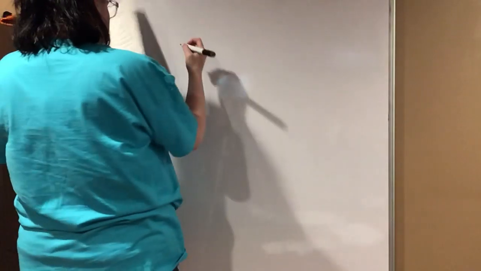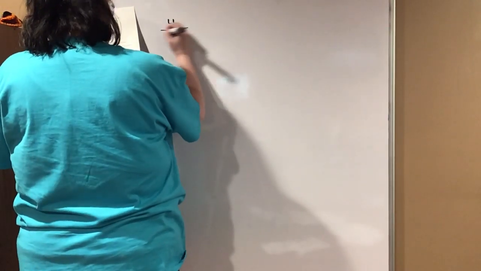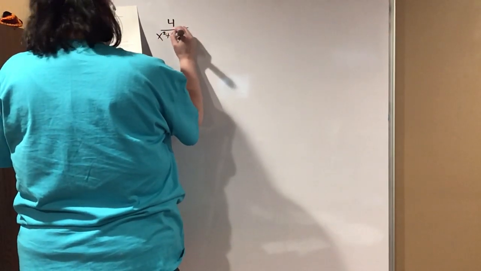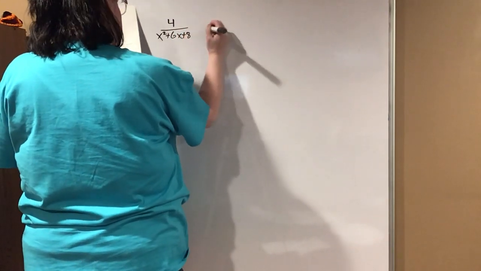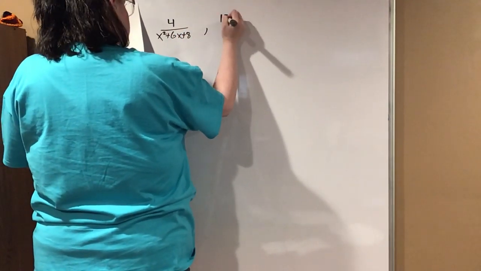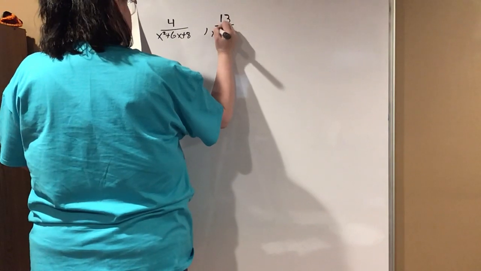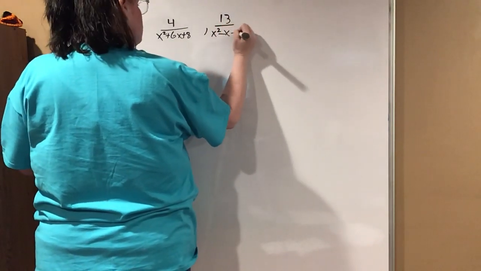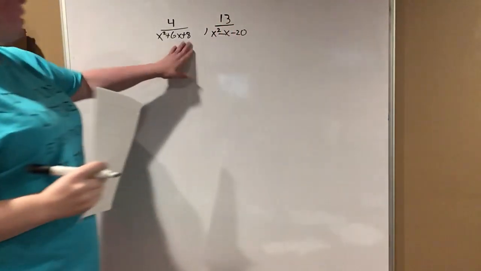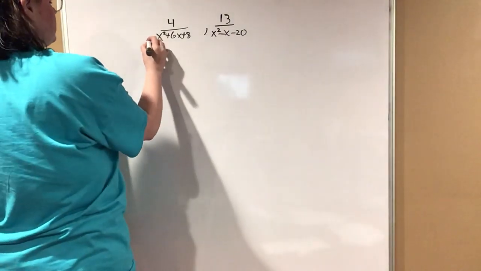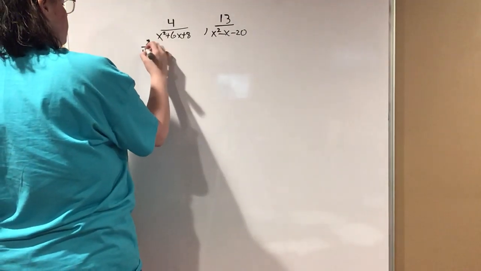So if we're given something like 4 over x squared plus 6x plus 8, you need to find the common denominator with 13 over x squared minus x minus 20. So I need factors of 8 that add up to 6, which is 4 and 2.